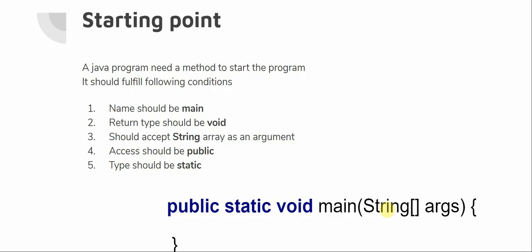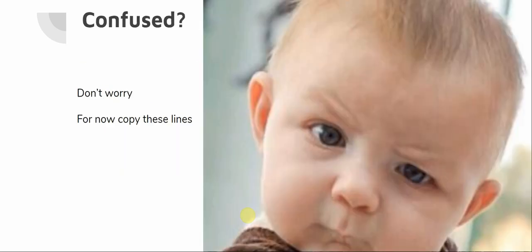In the specific case of Java, the program needs a method to start the main program. It should fulfill the following conditions. The name should be main, like here. Its return type should be void. It should accept a string array as an argument, its access should be public, and the type should be static. So this is the minimum required for a Java program to run.